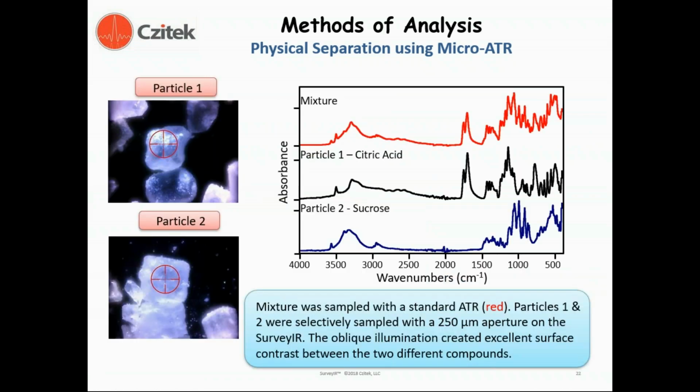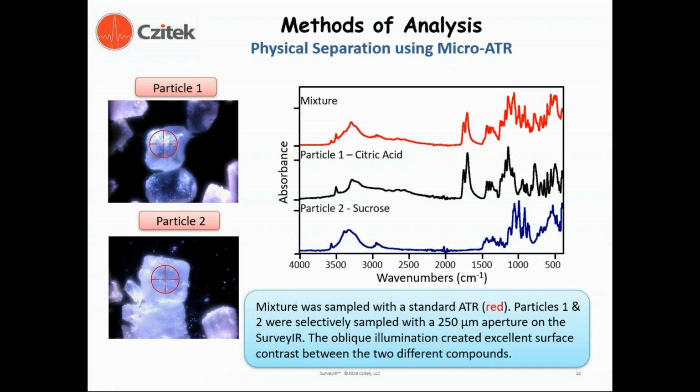This is a mixture analysis performed with micro ATR, a mixture of citric acid and sucrose. Via the microscopy, we're able to differentiate the different crystals based on their habit. Particle 1, which is citric acid, is a circular or spheroid shaped crystal.